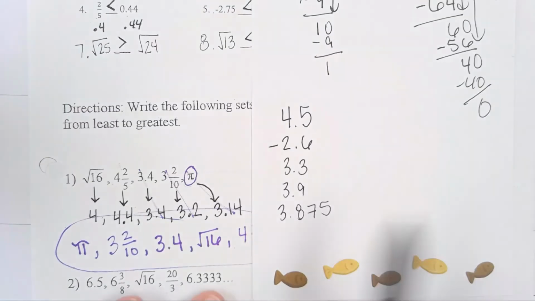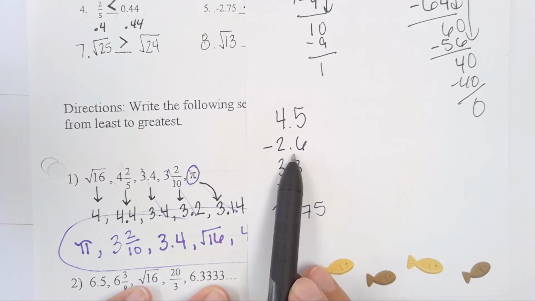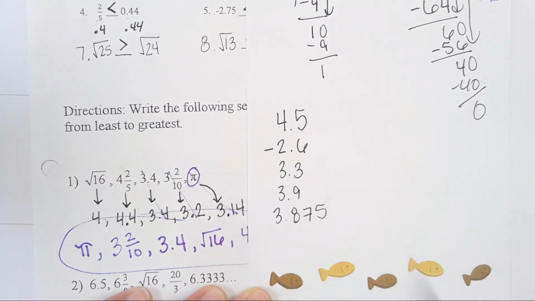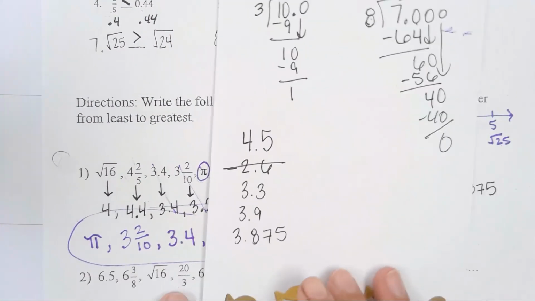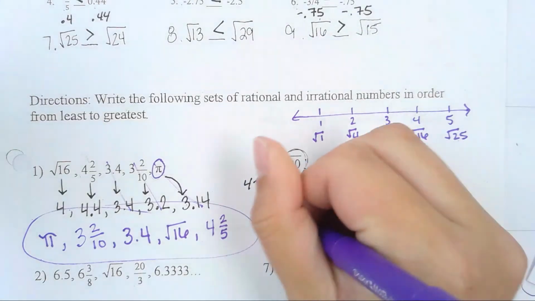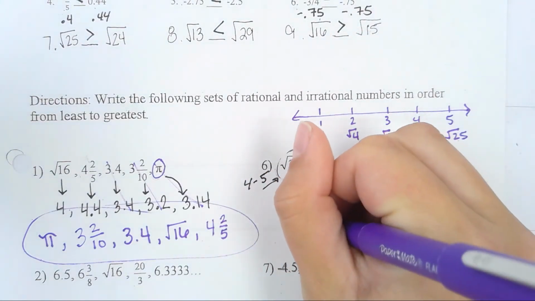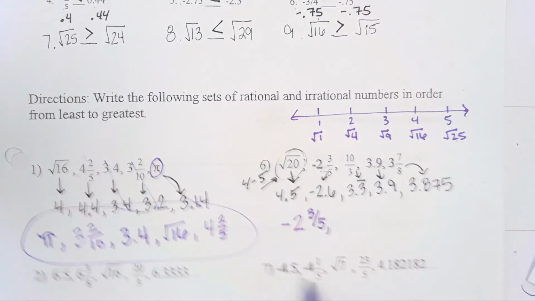It is this negative, right? We know that negatives are less than positives, and since this is the only negative number, this number has to be first. So this negative 2.6, in other words, the negative 2 3/5, is going to be that first number, because all the other ones are positive, and negatives are less than positives.